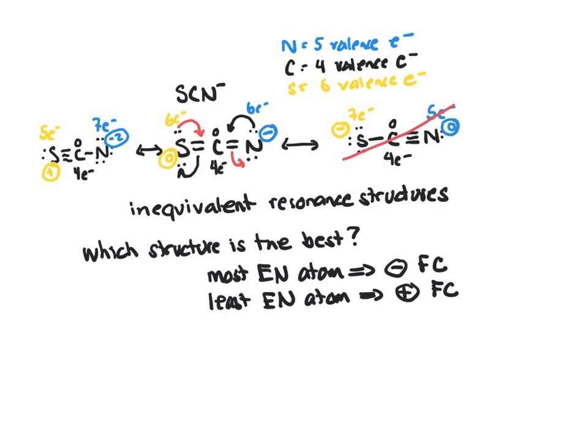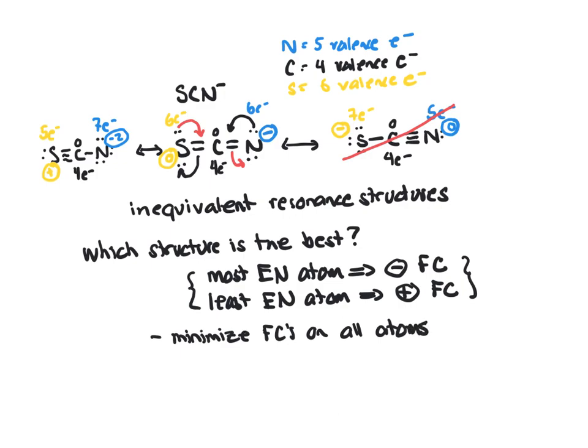So now if I'm looking at these two structures, how would I tell the difference? Well, the next thing that we have to think about is that in addition to giving the most electronegative atom the negative charge, we want to also minimize formal charges on all atoms.